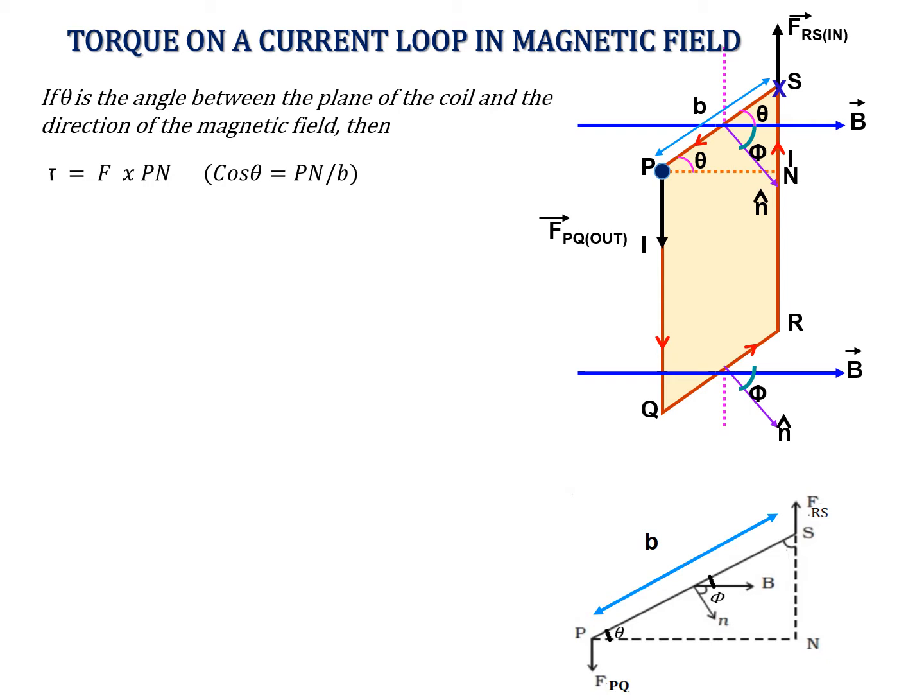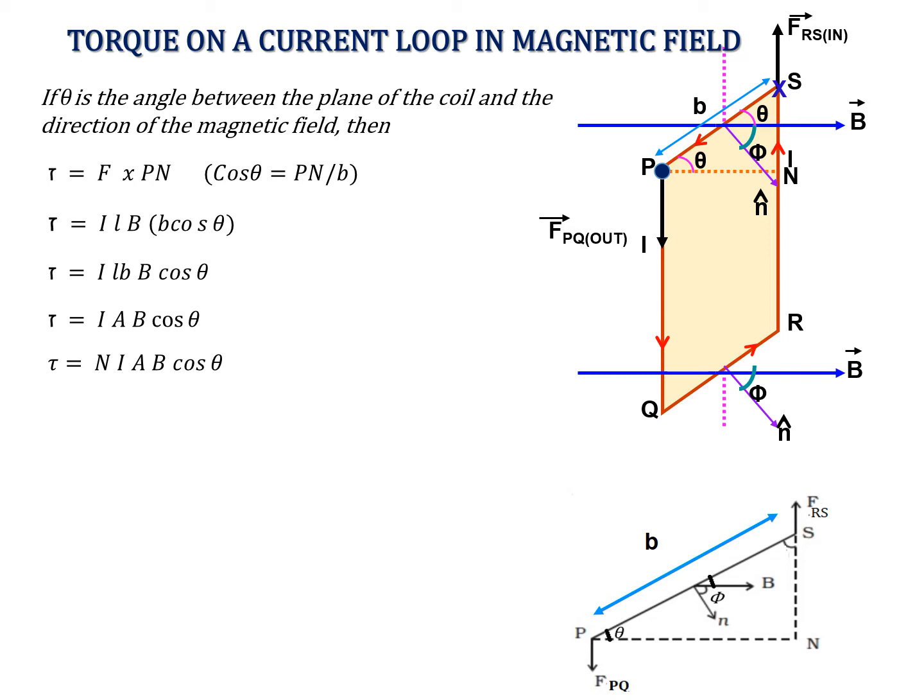We also know that force on a current carrying conductor is ILB, where L is length, I is current through the conductor, and B is magnetic field. Length into breadth of the loop can be replaced by area, and hence we get torque as IAB cos theta. For N turns of the loop, torque can be written as NIAB cos theta.